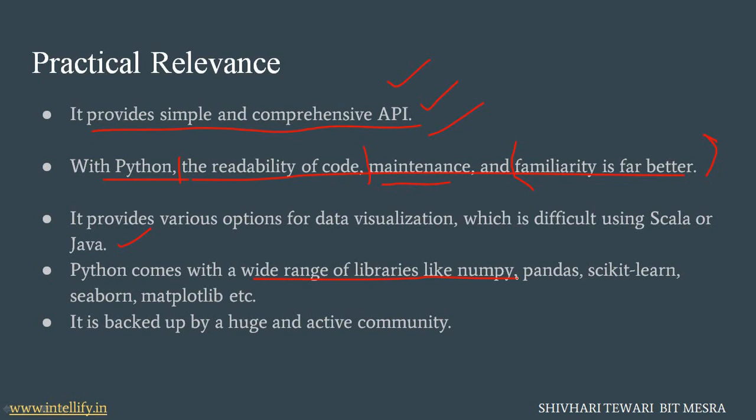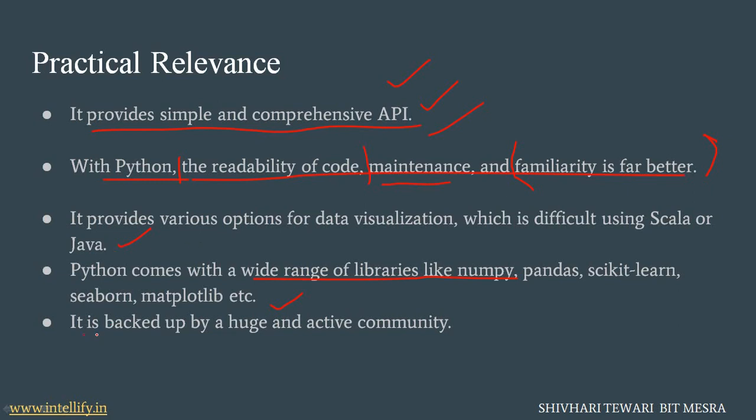So all these are possible because of the wide range of libraries and packages which are already installed in Python, and we can retrieve those packages from the GitHub repository easily. That's why Spark is much more useful with Python than Scala and Java.